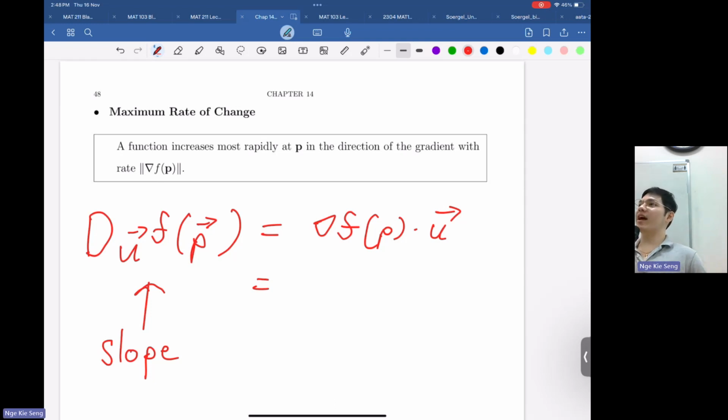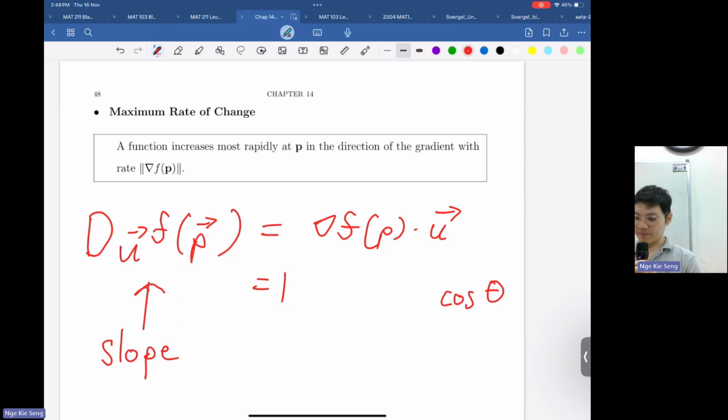Dot product tells you the angle between the two vectors.